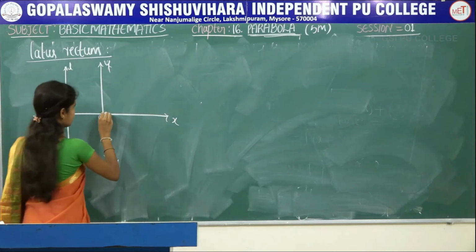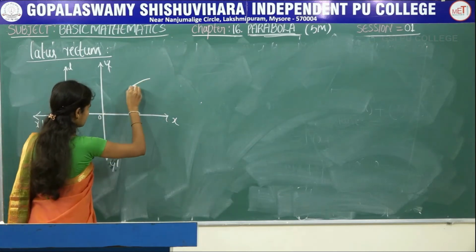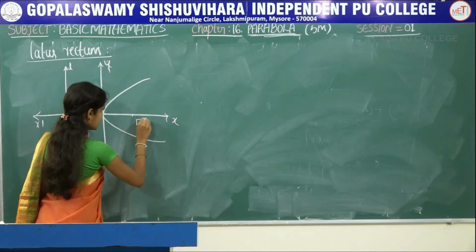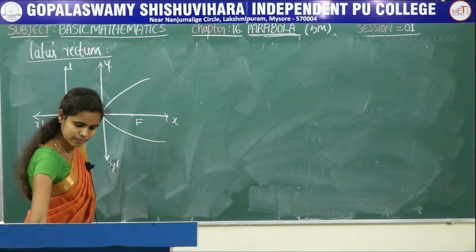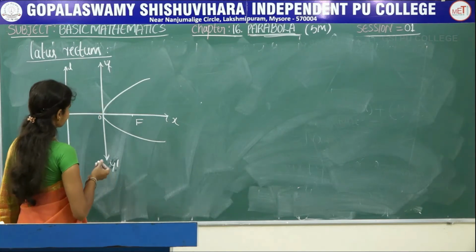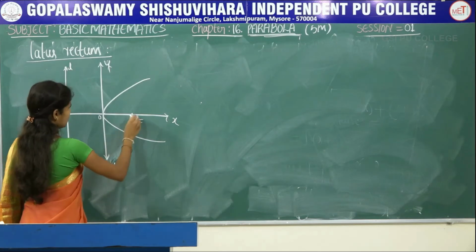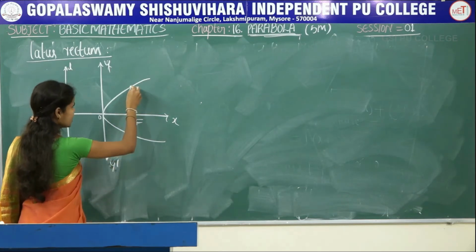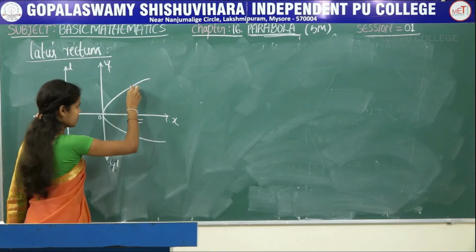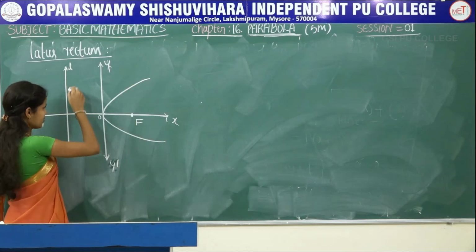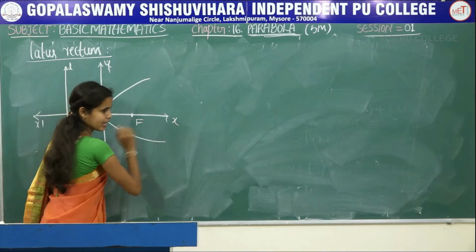Consider a parabola which is symmetric with respect to the positive x-axis, with focus F. Here the latus rectum is a line segment. The axis of the parabola is the x-axis.